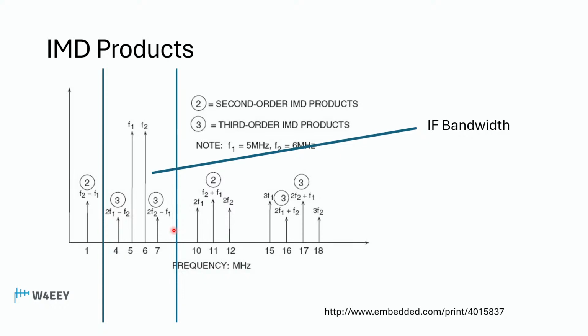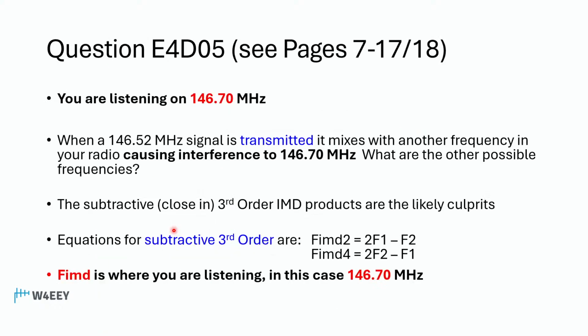All right, there is on page 717 a question, E4D05. I'm going to let you read through this at home, but I've tried to highlight here some of the things that we can do to do the calculations. So you're listening on 146.7. When another signal on 146.52 is transmitted, it mixes with a third signal causing interference to the first one.